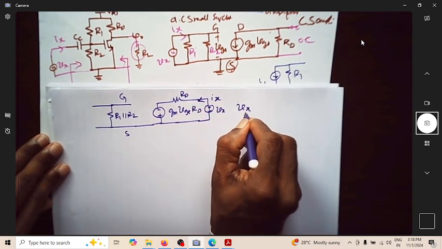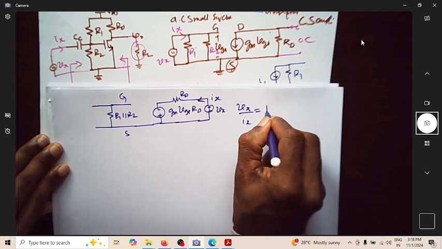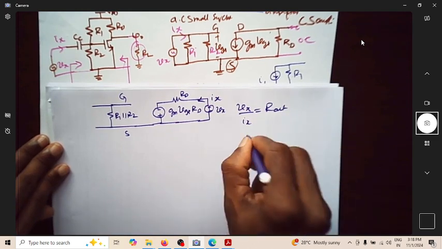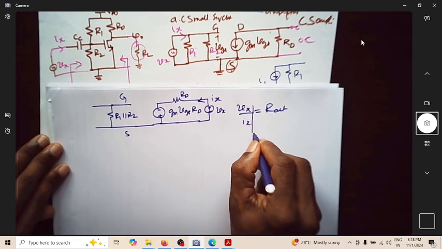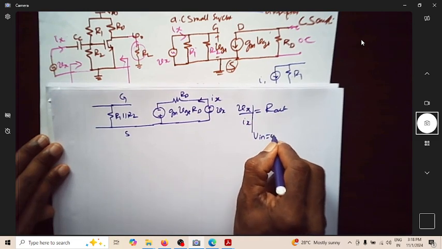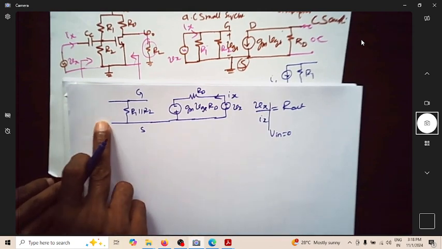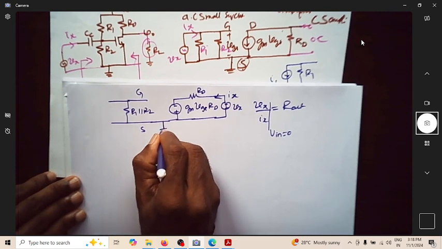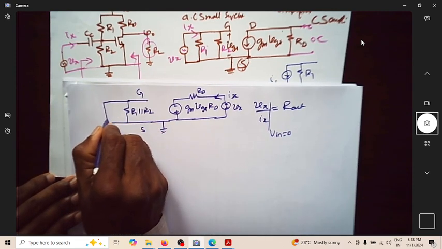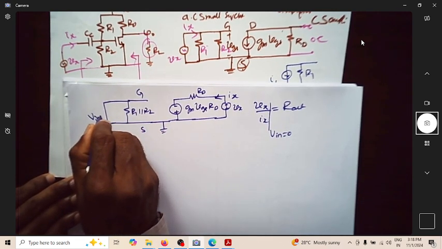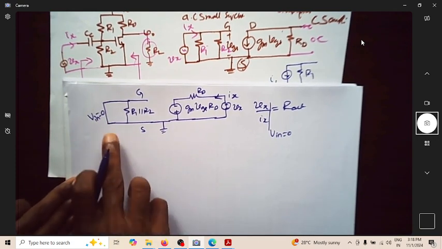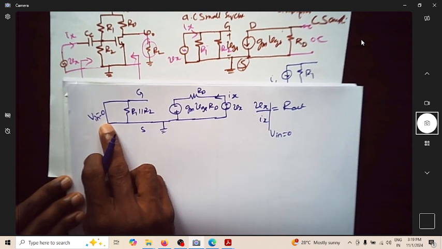So Vx by Ix happens to be your Rout, provided I make the input voltage 0. So this input voltage is 0, meaning there should not be any influence of the input. So this is grounded here. I will make Vin equal to 0. This is intentionally made 0.